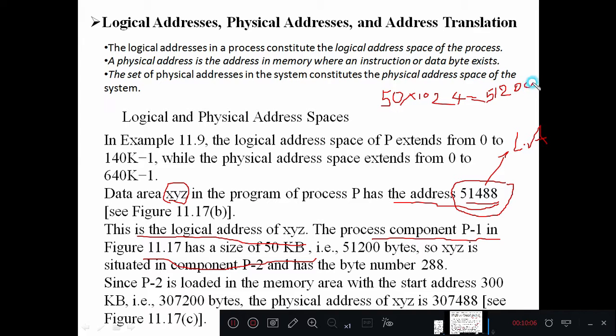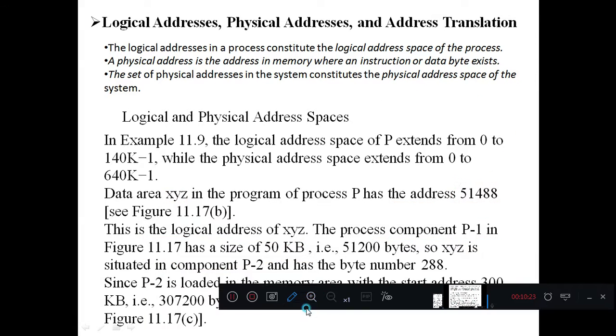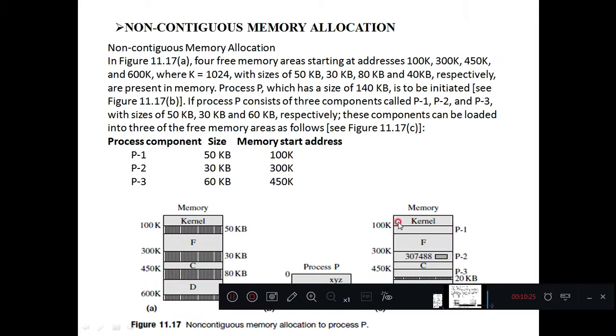But the given address is 51,488, which is greater than 51,200. So that means this instruction or this data is not available in the P1 section of process P, right?